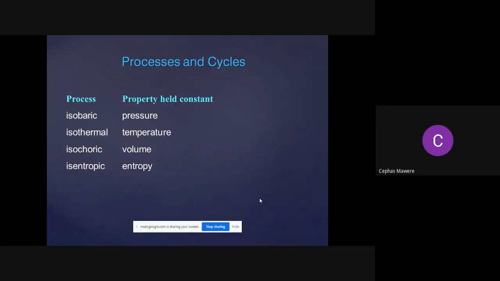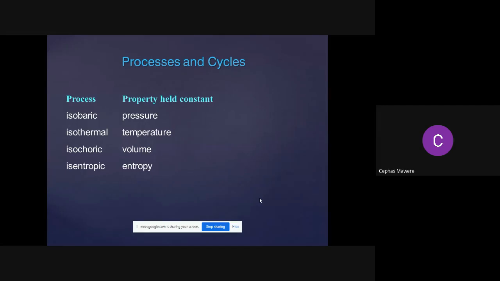If a property is held constant as it moves from point A to point B, it becomes a named process.